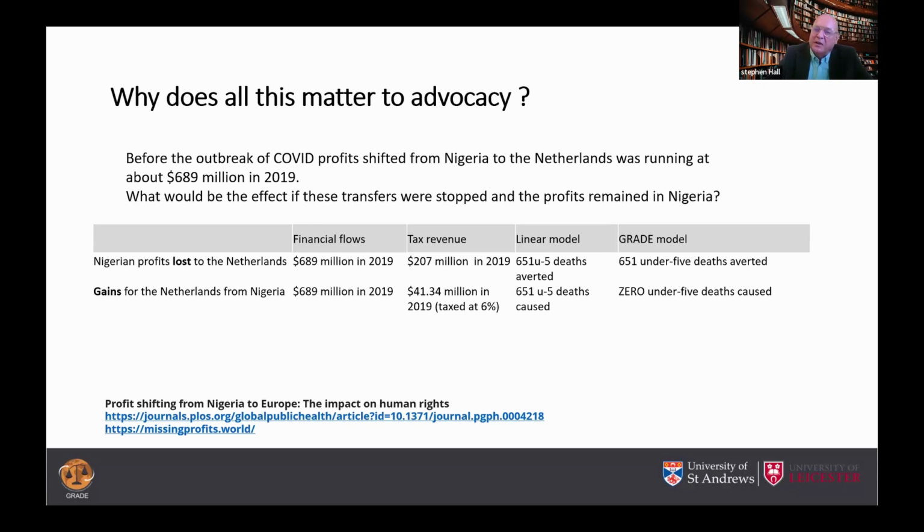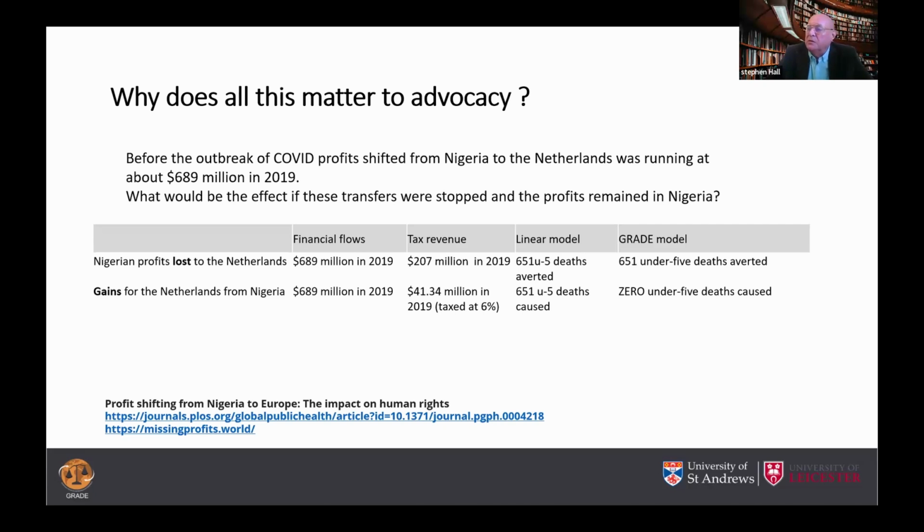So if you are arguing as an advocate that you think money should go back to Nigeria because it's a poor country and needs that money for development, and you put that point to somebody in the Netherlands, they'd say, well, this is going to cost us roughly $689 million. Why should we do that? And while I think we all see the moral imperative to do that, the actual benefit in terms of just financial flows is not so obvious there.